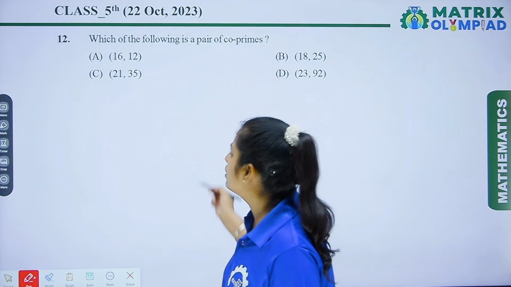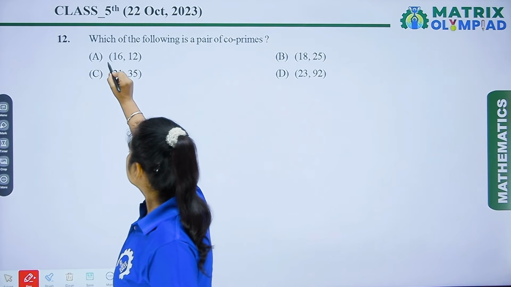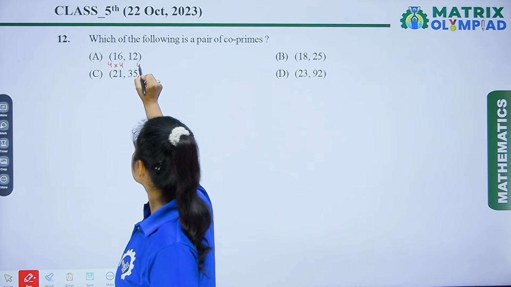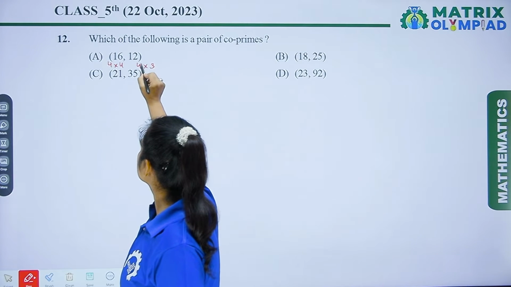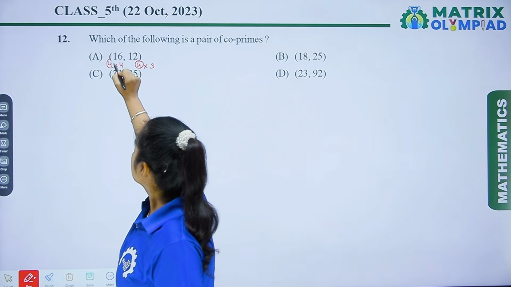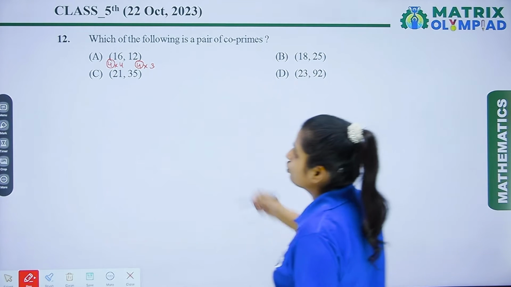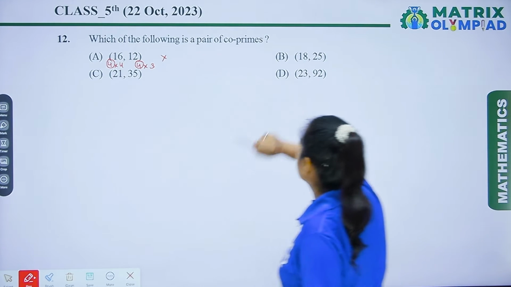Here 4 times 4 is 16 and 4 times 3 is 12. So other than 1 we have 4 as a common factor in the numbers. So this option is incorrect.